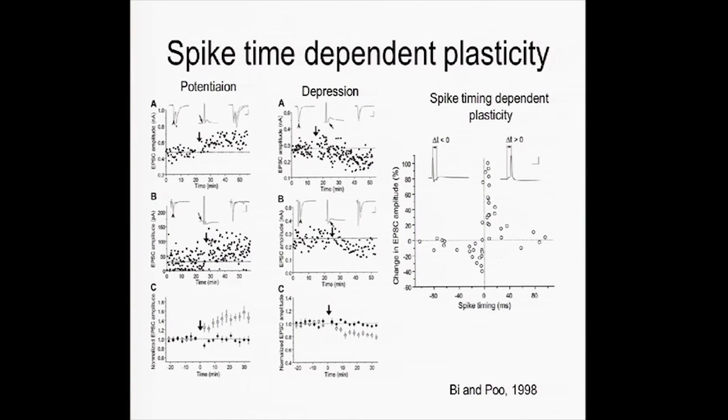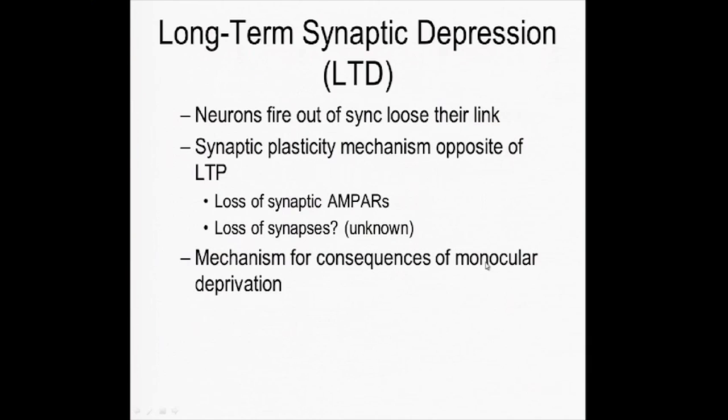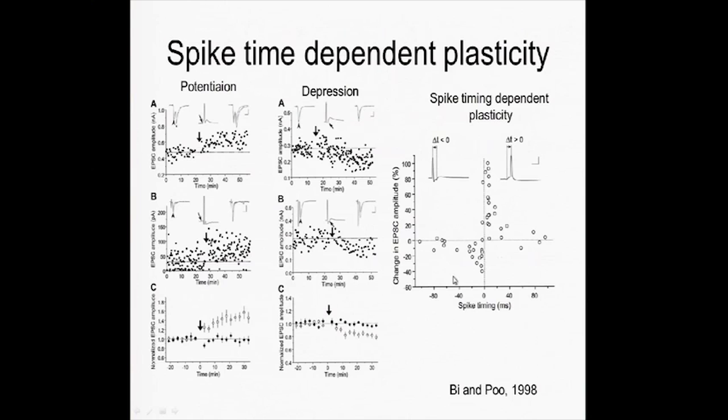And so here you can see the postsynaptic cell firing just after the presynaptic cell. You get a 100% increase in the synaptic strength. But if the presynaptic cell fires just after the postsynaptic cell, it means it didn't really help cause that cell to fire, and so it actually weakens it. It drops it by maybe 20% in the amplitude. And if the stimulus is very, very late or very, very early, it really doesn't seem to affect the spike times at all.